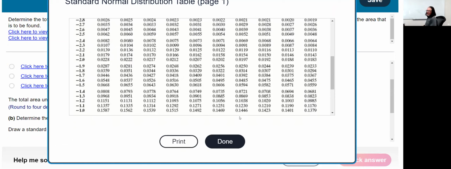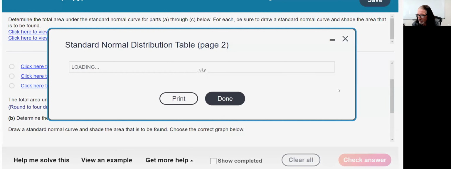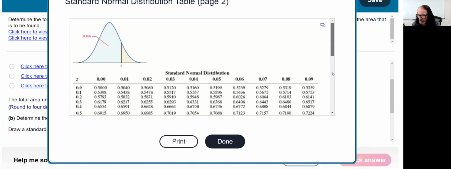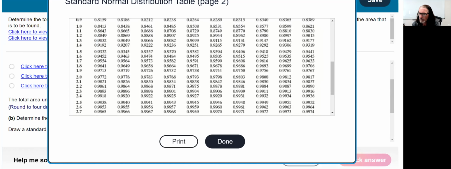This time, the other z-score is not the negative of what we just dealt with there. So we're not talking about symmetry. We can't just double that answer. 2.16. Again, that's the fourth from the right. That's giving us 0.9846. But that's back to the left.